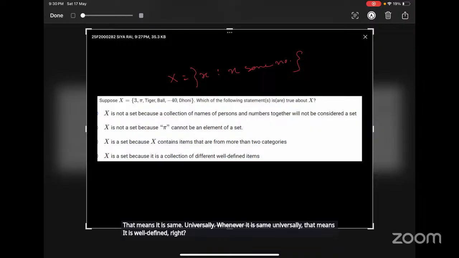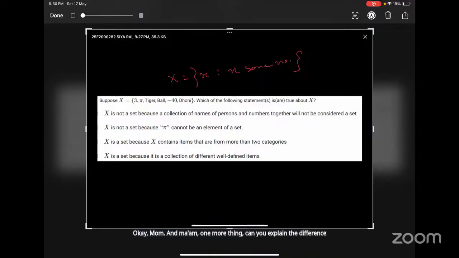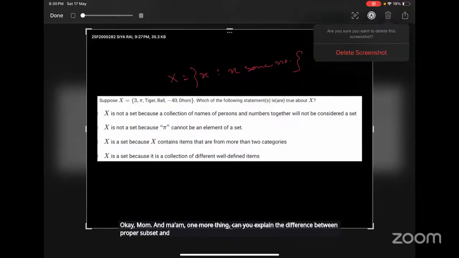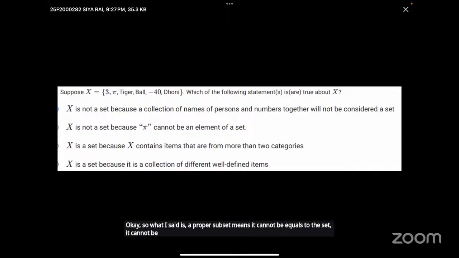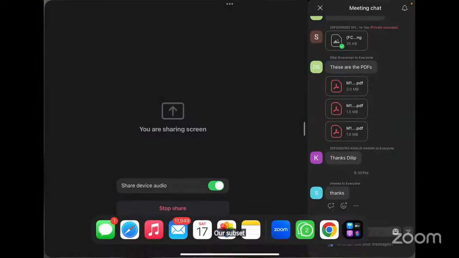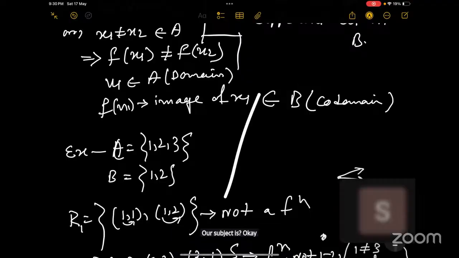Okay, ma'am. And ma'am, one more thing, can you explain the difference between proper subset and subset? Okay, so what I said is a proper subset means it cannot be equal to the set, it cannot be the empty set. Ma'am, can you repeat? Your voice was not clear. Okay, let me write it.